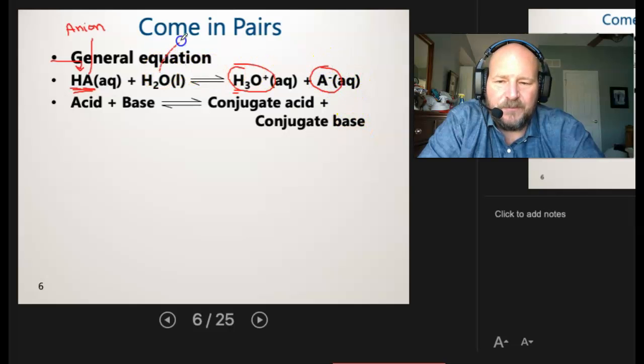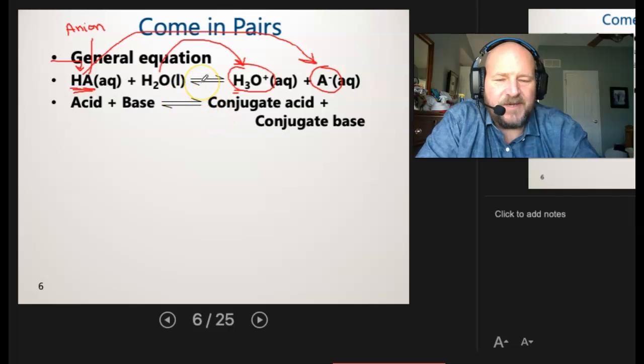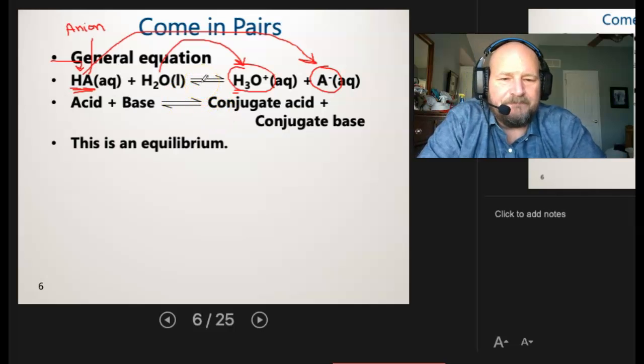Now remember, the H3O plus used to be the water, and the A minus used to be the acid. So the acid becomes the conjugate base, the base becomes the conjugate acid. Now we're representing this with a double-headed arrow, which means we've set up an equilibrium.